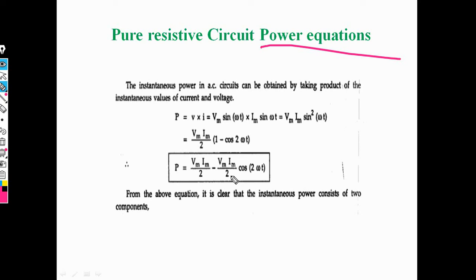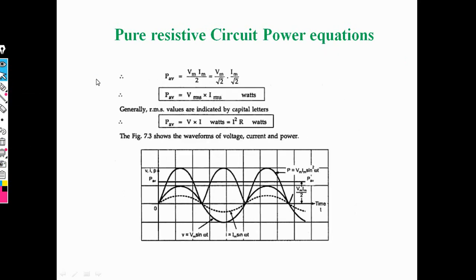This is the important formula of power that will be used to solve problems based on a pure resistive circuit. Now we have to explain the voltage and current waveform.